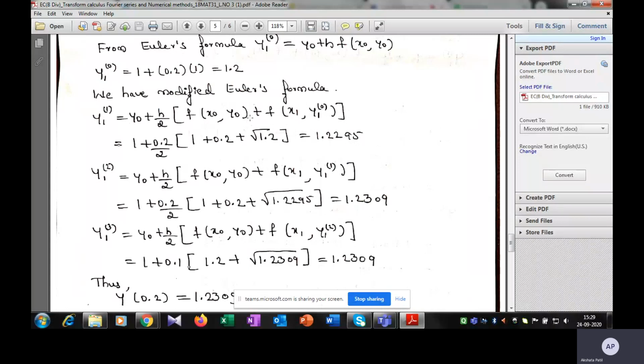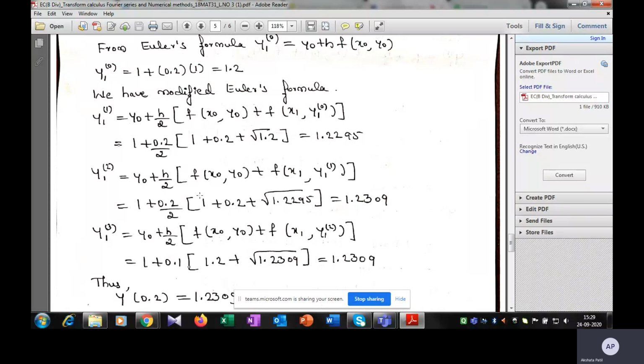Once again use the differential equation, which is in the form x plus mod of root y. x means x1, y is considered as y1 of initial approximation, and substitute the values here. So you will get 1 plus 0.2 divided by 2 into 1 plus 0.2 plus square root of 1.2. Simplified, you will get y1 of first iteration as 1.2295.